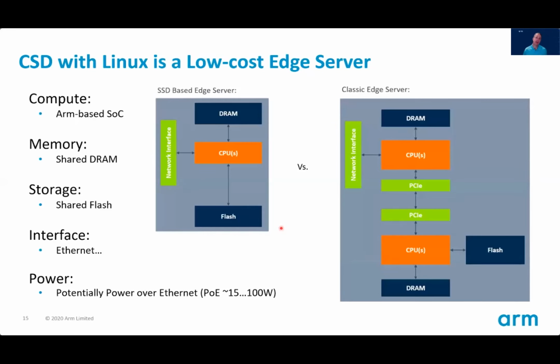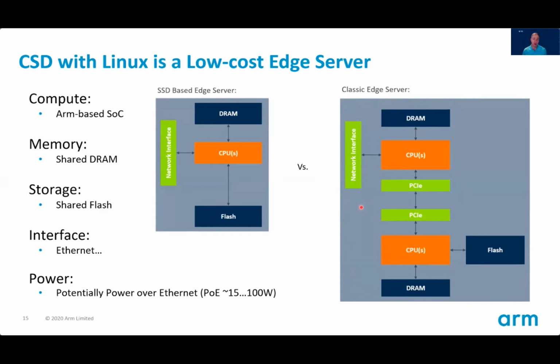And so if we kind of step back and say, what have we created? I would suggest we've really just created a low-cost edge server. If we look at this picture over here on the right-hand side, it's an edge server with an SSD connected to it. So here's our edge server: PCIe, CPU, DRAM, and a network interface. And then this PCIe, flash, CPU, DRAM, that's our SSD.